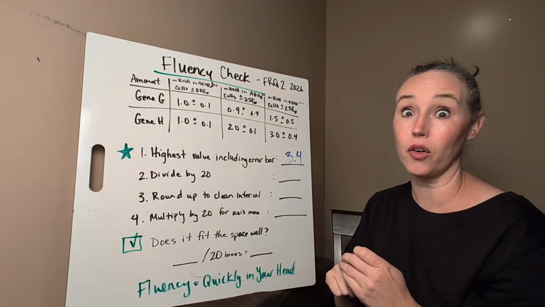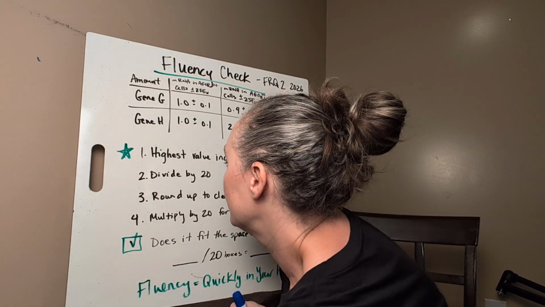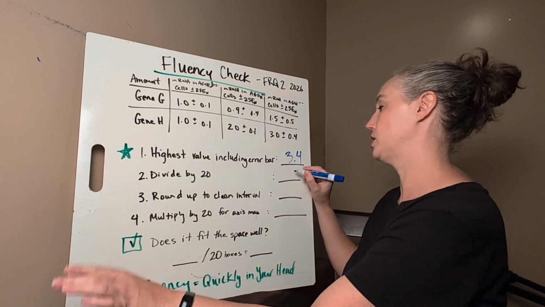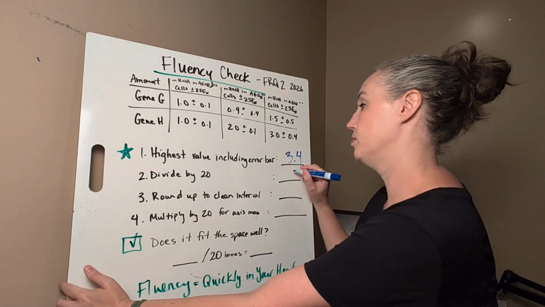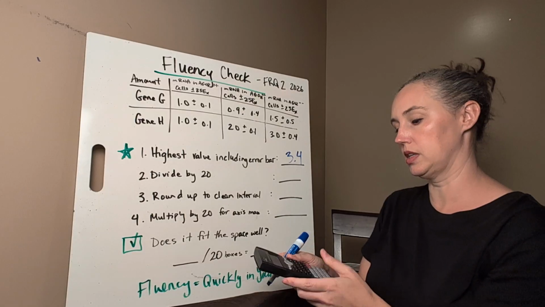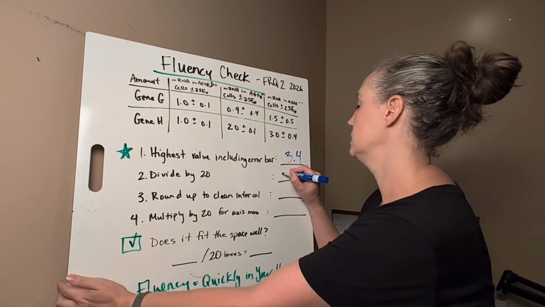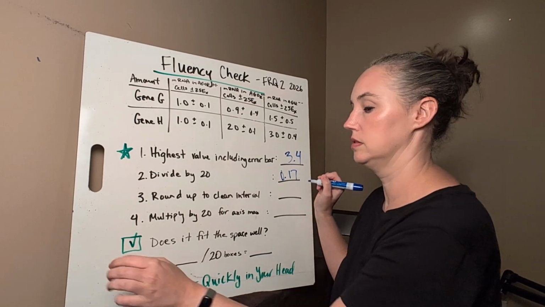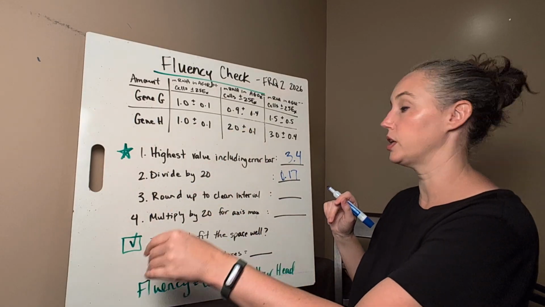All right. Then we're going to divide that by 20, which is going to be 0.17, I believe. Yeah. Always double check.